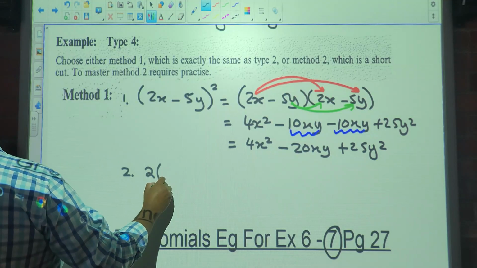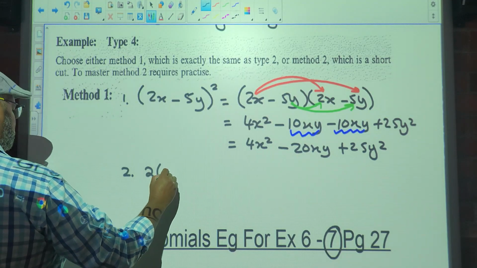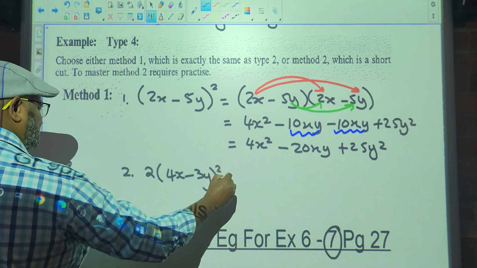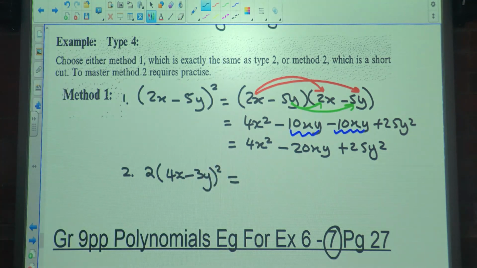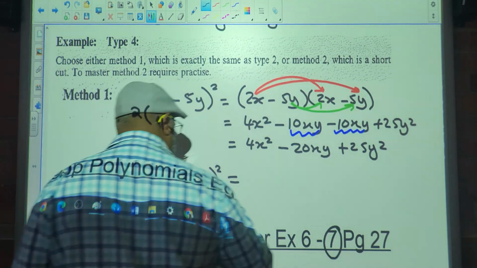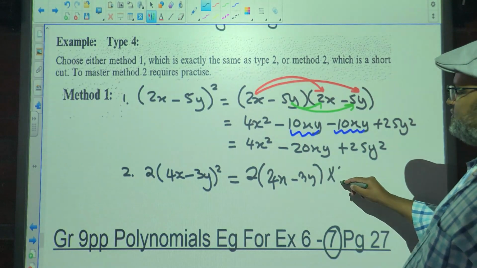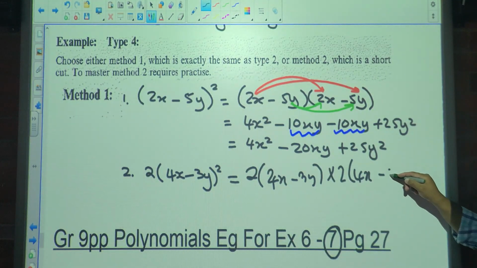We have 2 into 4x minus 3y squared. What does that mean to us? Is it 2 into 4x minus 3y all squared? If I expand it, would it be 2 into 4x minus 3y times 2 into 4x minus 3y?